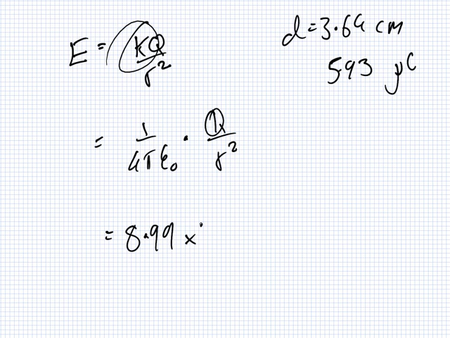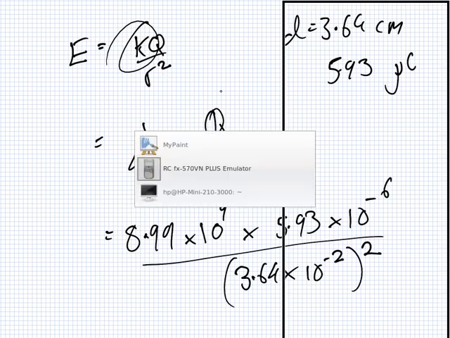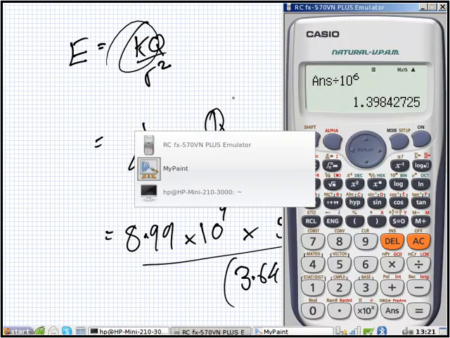Yeah, it needs to be a big K. Yeah, there's another 8.99 times 10 to the 9, and times 5.93 times 10 to the minus 6 over 3.64 times 10 to the minus 2 squared. That's the answer. Let's get that. Are you typing in anything else? That's great, thanks.